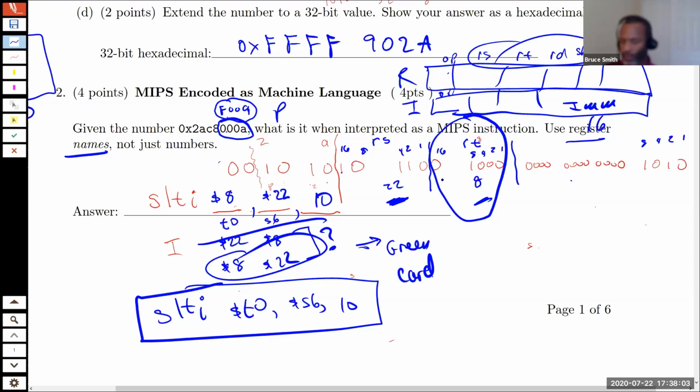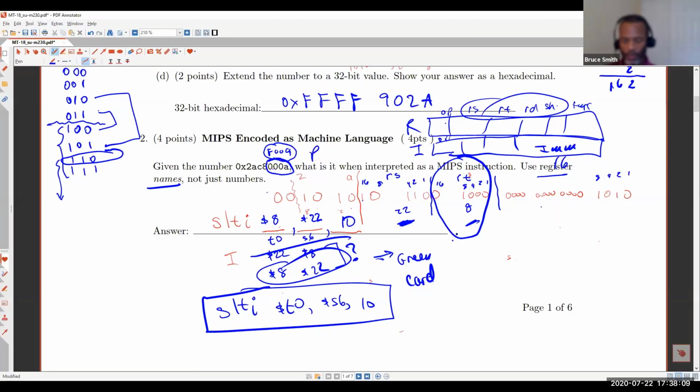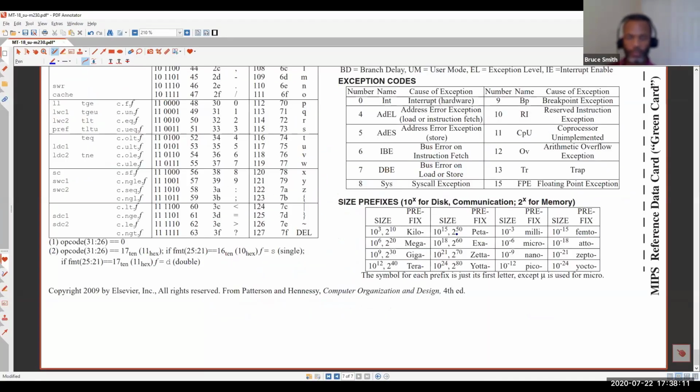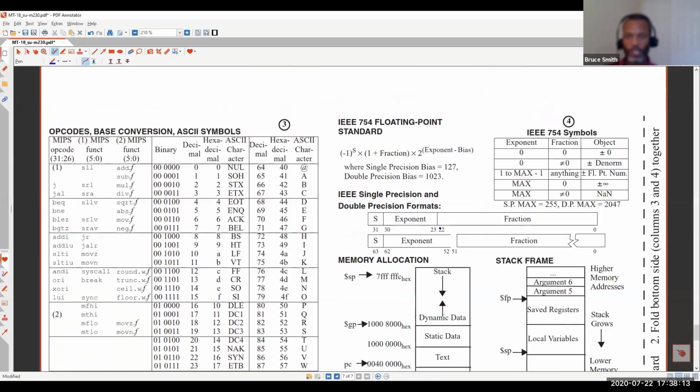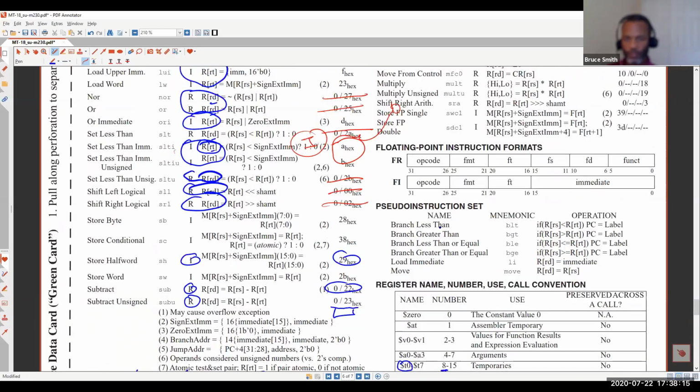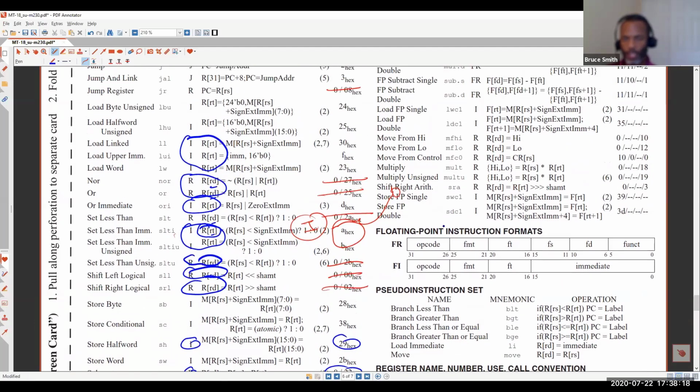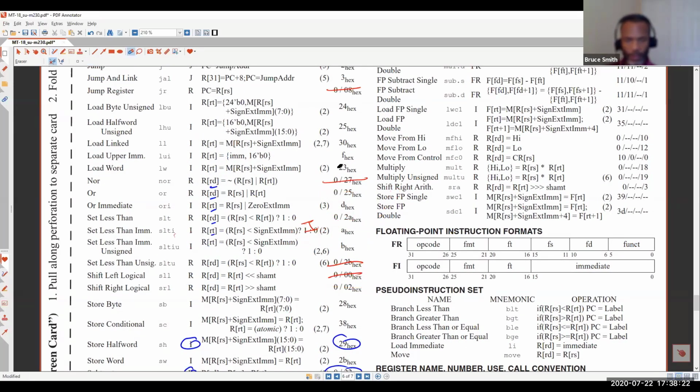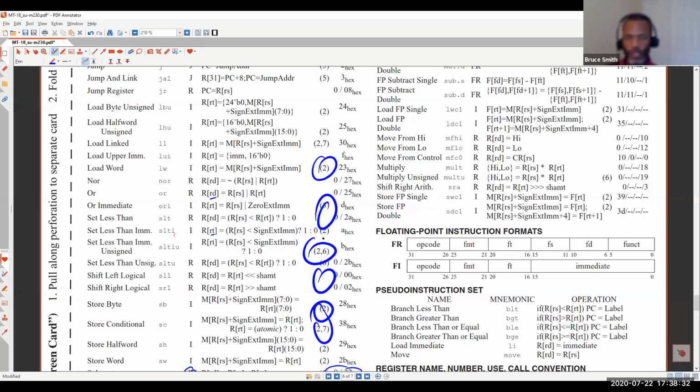So if I look at what your green card tells you, let's go back to the bottom here. What the green card says is that it tries to give you some additional information that references one of the notes at the bottom.